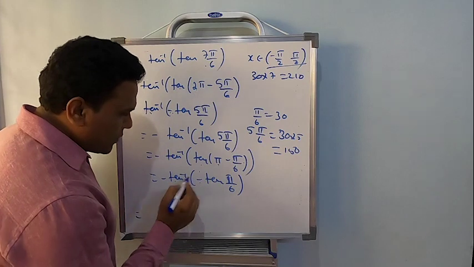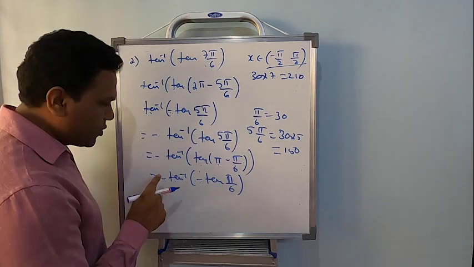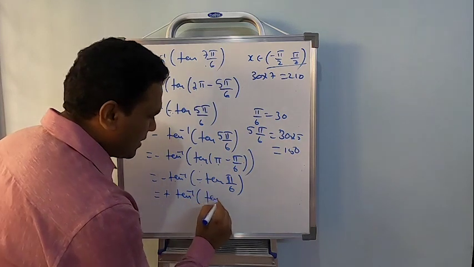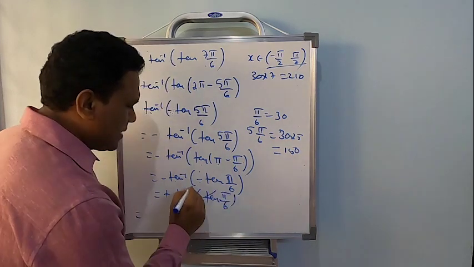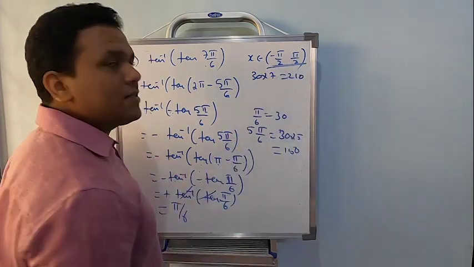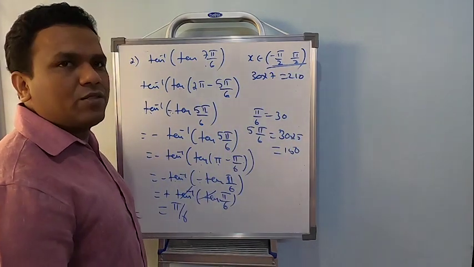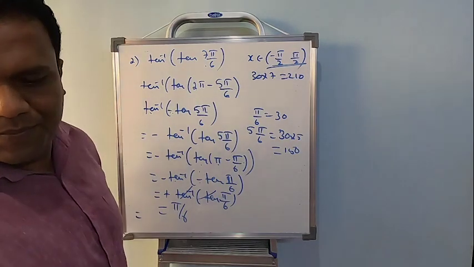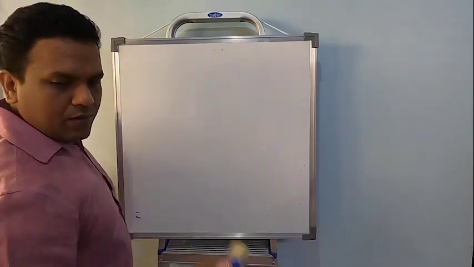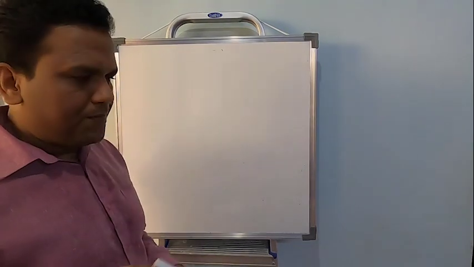Now apply the formula of tan inverse of minus x, which is minus tan inverse x. You already have a minus, so it will become plus tan inverse tan pi by 6. Eliminate these two because pi by 6 is a value which lies in this interval. So before eliminating, just check the domain.